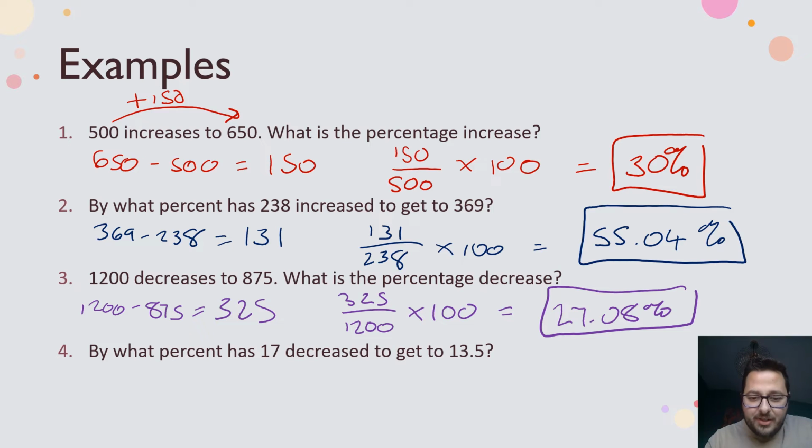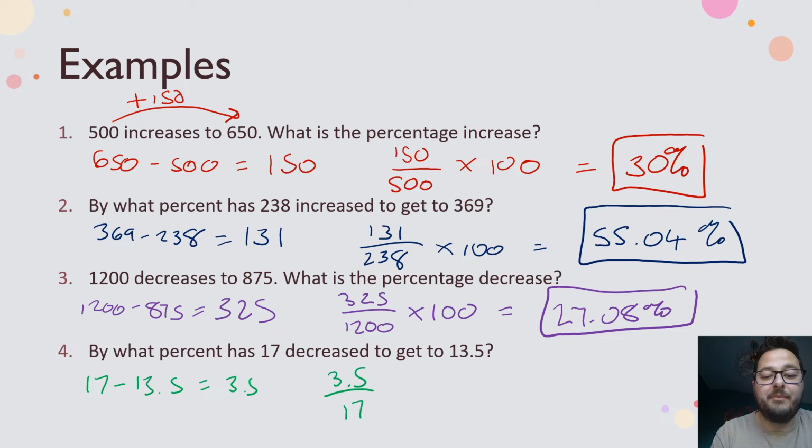Alright, and then finally let's do number 4. By what percent has 17 decreased to get to 13.5? So we find the difference. 17 minus 13.5 is 3.5. Then we're going to do 3.5 over the original amount, 17, and times it by 100.